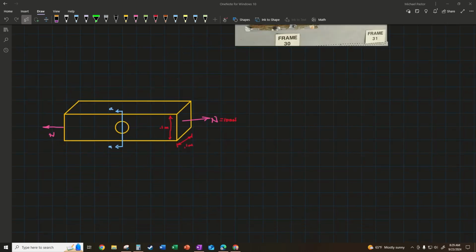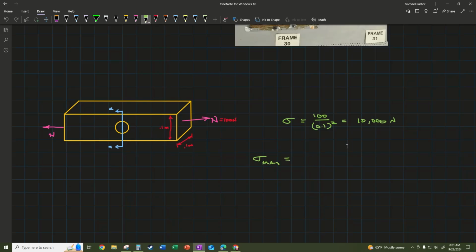So say I put some numbers to this situation, and say I have a 100 Newton load on this member with a hole in the center, and it has a 0.1 by 0.1 cross section. Then I can calculate an axial stress of 10,000 newtons. Well, my maximum stress that I can expect to see due to stress concentrations would be K times this sigma I calculated above.